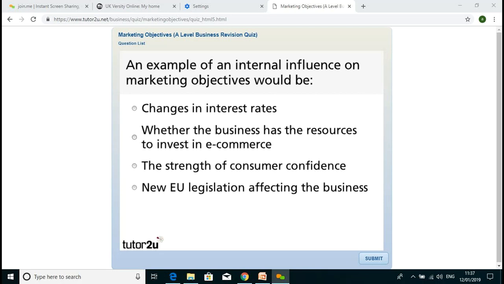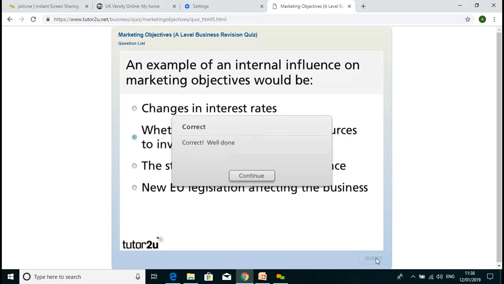Well, it should be B, because it can't be A, it can't be D. Well done, correct, good. So this sort of question we'll go through in the lessons, okay? So we'll give you a bit of a taster.